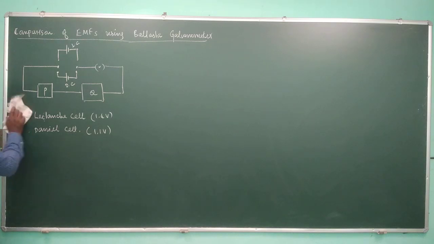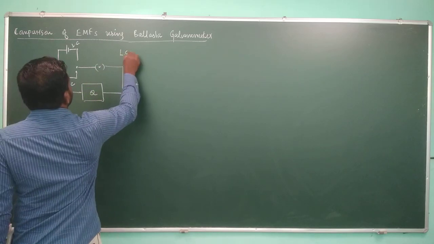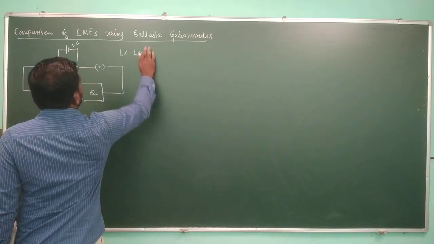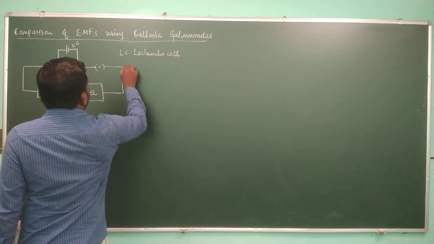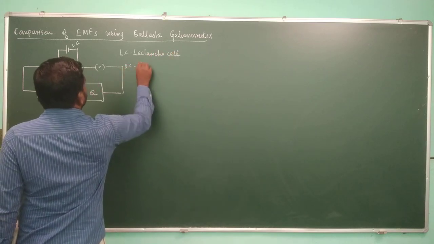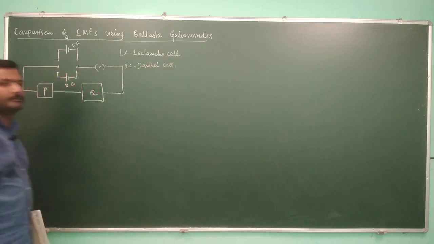Sorry, in the bottom we have the circuitry. So LC stands for Leclanché cell, DC stands for Daniell cell.